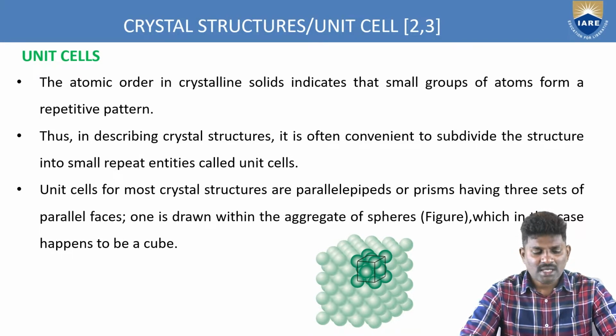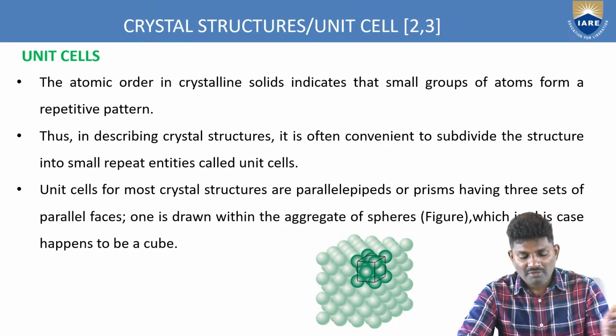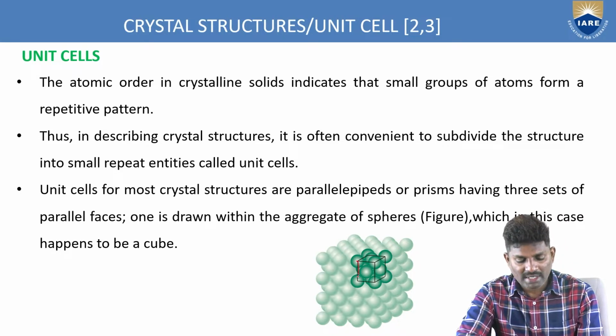Now from this repetitive pattern of atoms, it is used for describing the atomic structure, and it is convenient for us to divide these repetitive patterns into small entities. These small entities are called a unit cell. If you see in the total aggregate, you have a small unit cell here. Like this you have n number of unit cells.